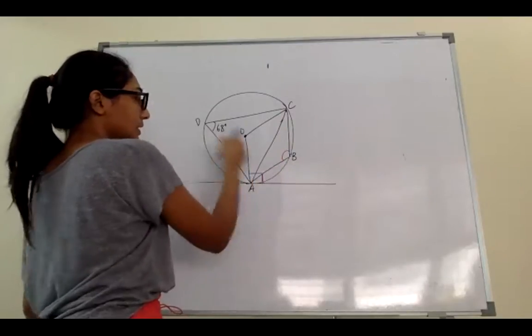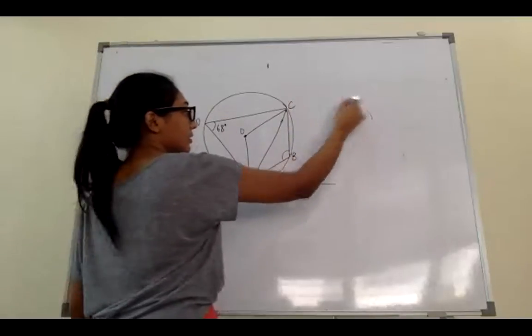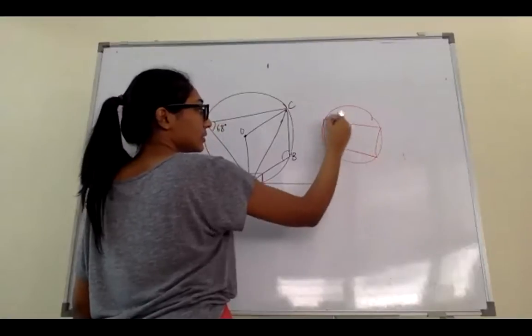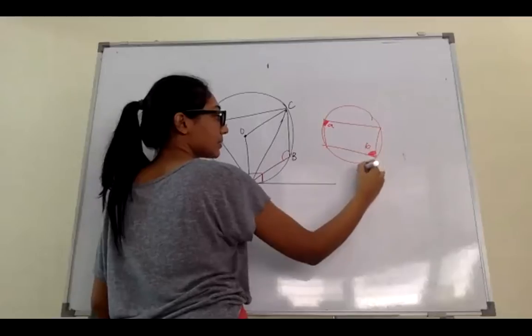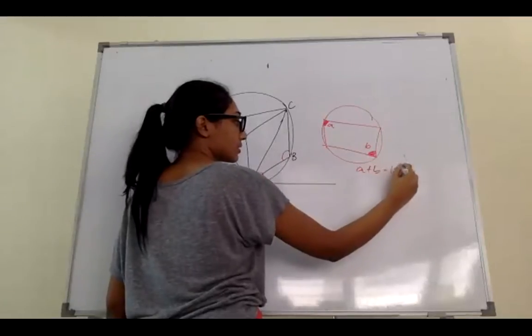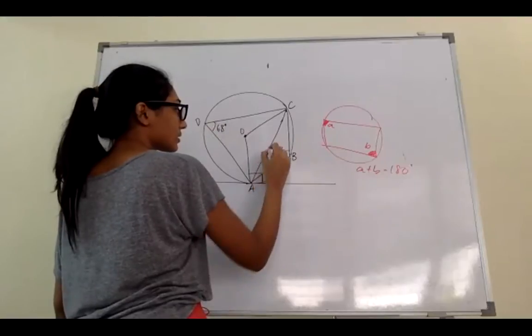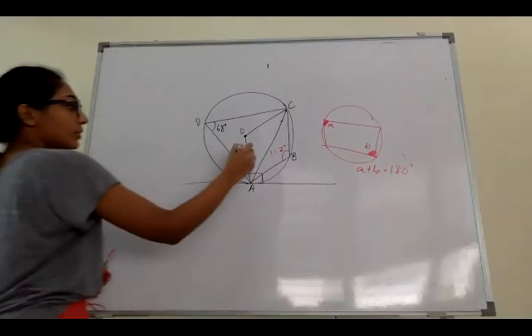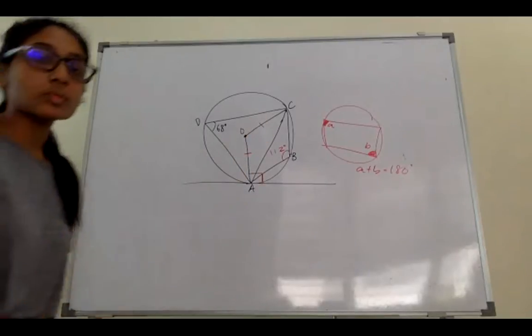No, they must add up to 180, a cyclic quadrilateral. Remember just now? So this is 68, this is 112. 112 degrees. So these are certain rules that we know. And we know that this is the same. Okay, these are just basic rules.